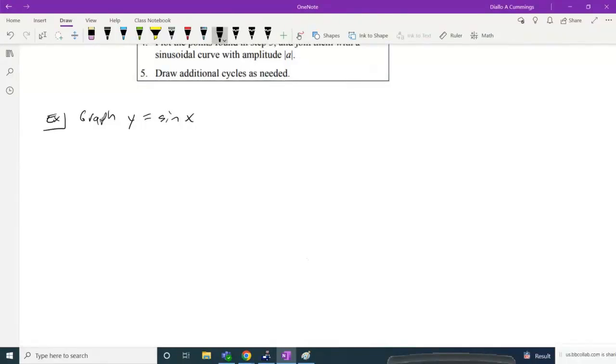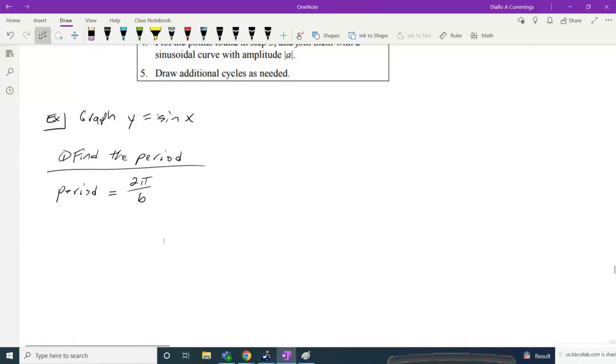All right. So the first thing we have to do is find the period. There's a formula for the period, which is 2 pi divided by b. If I look in my function, notice there is an understood a, which is 1.